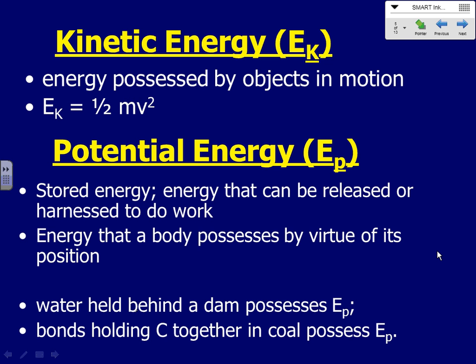So, gravitational potential energy. In this case, bonds holding carbon atoms in coal together. All chemical bonds are a form of electrostatic potential energy. Electrostatic potential energy is that electrostatic force that we talked about last year, the force between opposite charges. So the nuclei and the electrons of the carbon atoms are mutually attracting each other.